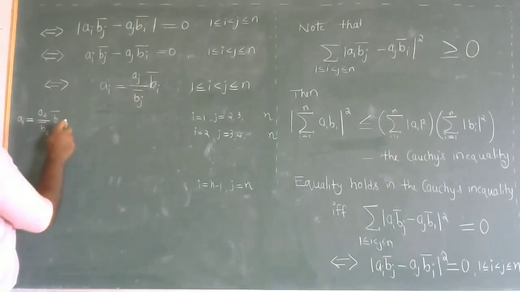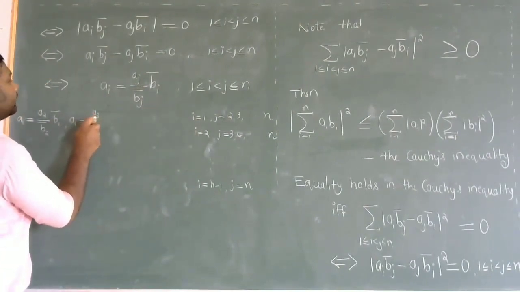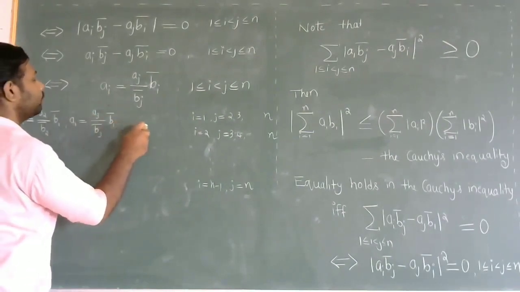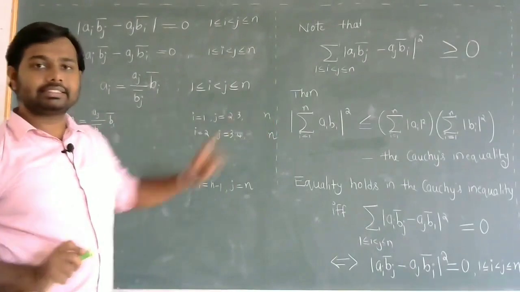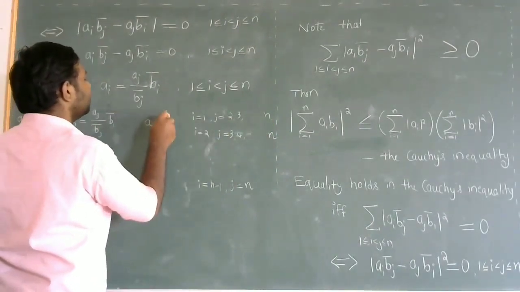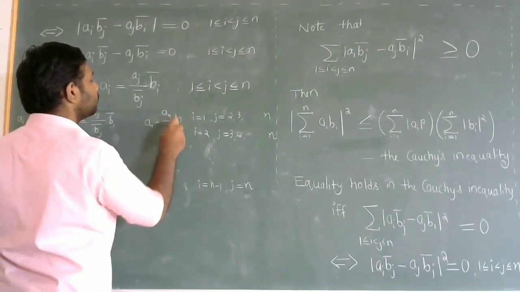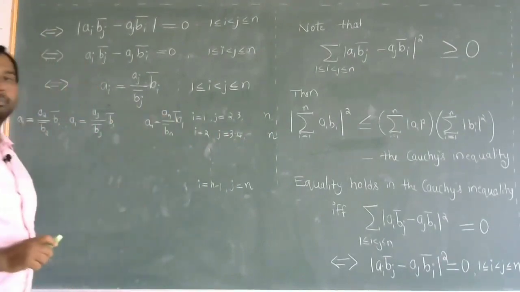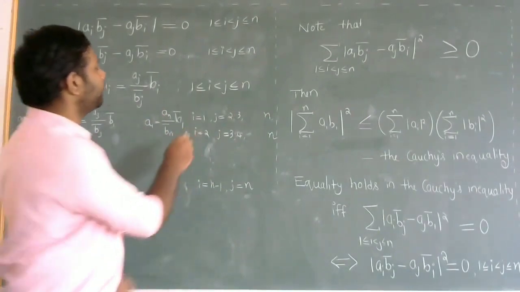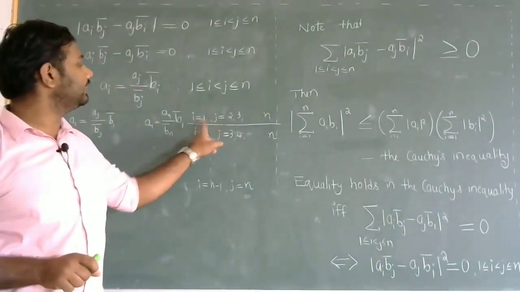Next j value, i is fixed: a1 is equal to a3 by b3 bar into once again b1 bar, and so on. The last j value: a1 is equal to an by bn bar into b1 bar. So these are the equations corresponding to these i and j values.